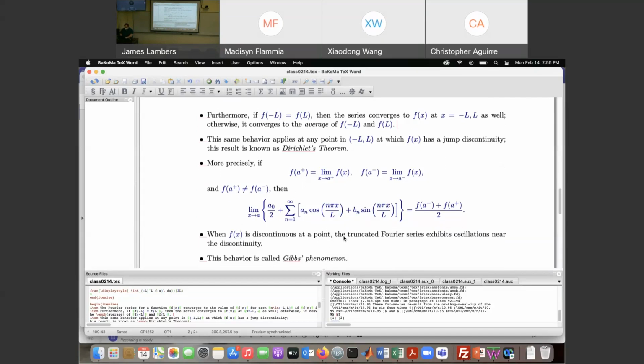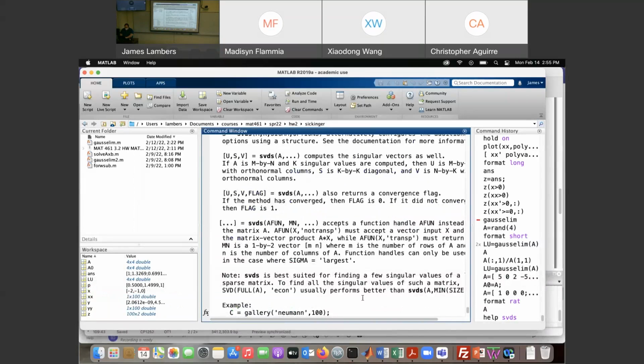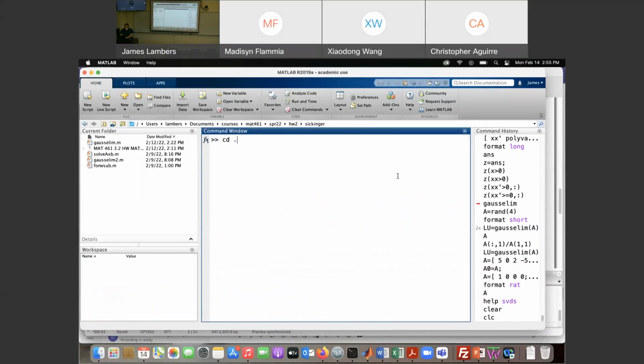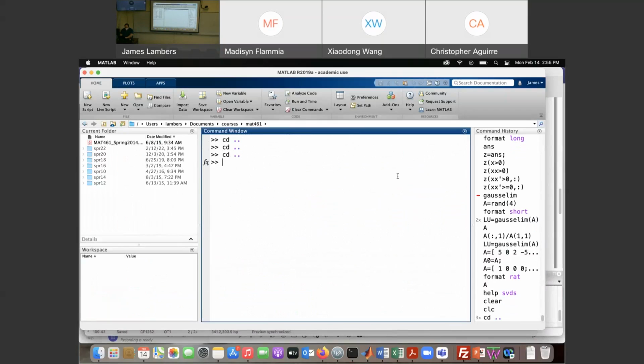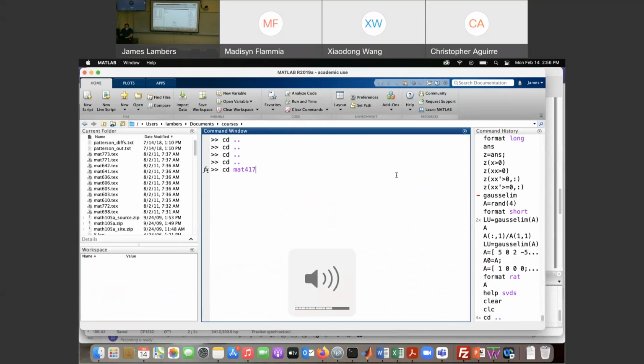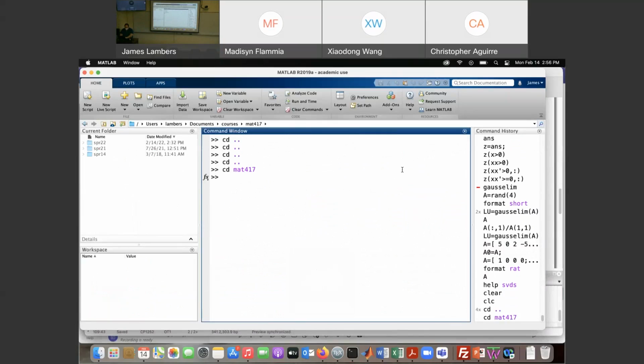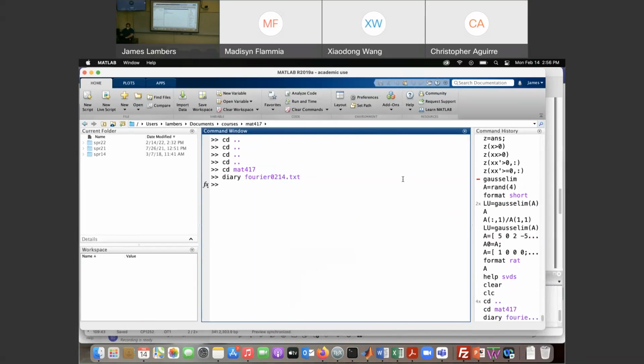And okay, I'm going to take a moment here and see if I can illustrate this for you, since I happen to have MATLAB open. All right. Suppose we have a Fourier series for f of x equals 1 on the interval 0 to 1.